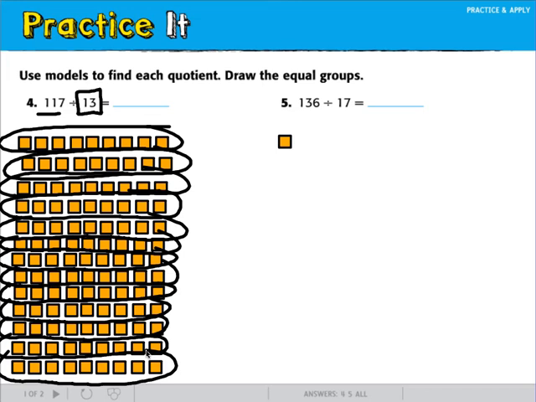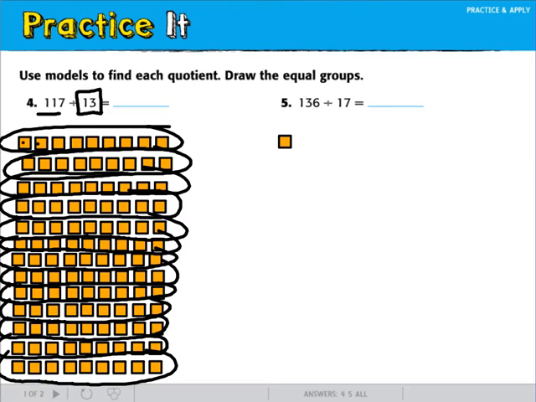Now, how many of you have already figured out how many I have in each group? Let's think about this for a second. Do we have any 10s? No. So I know that this has to be less than 10.